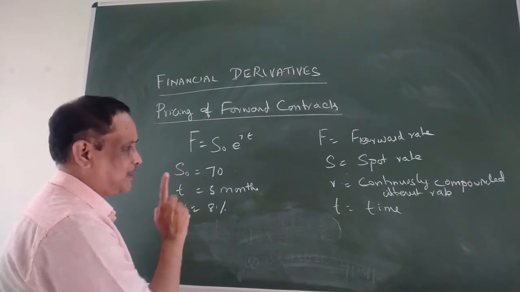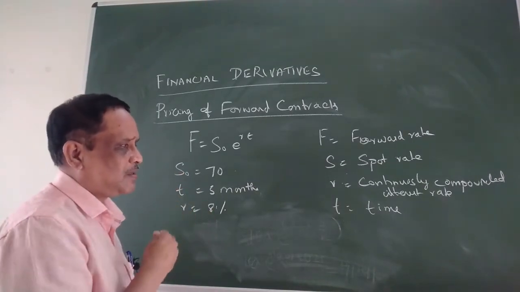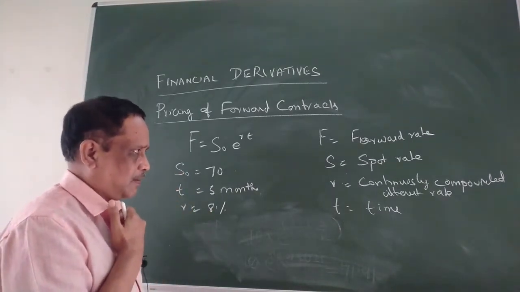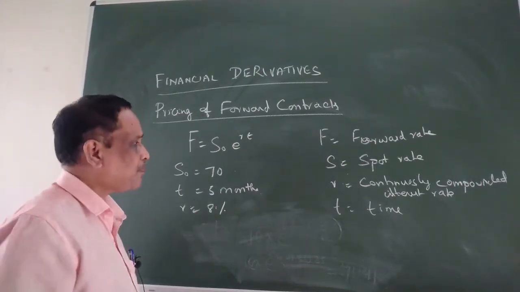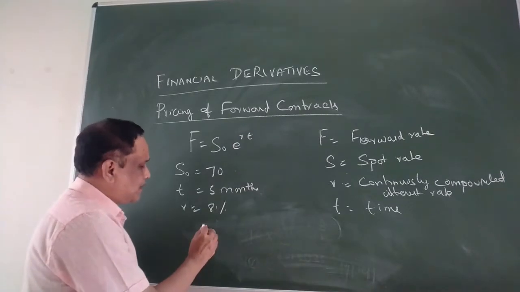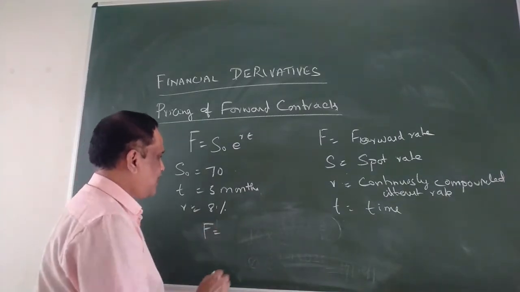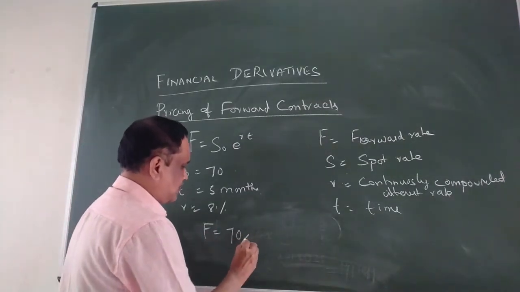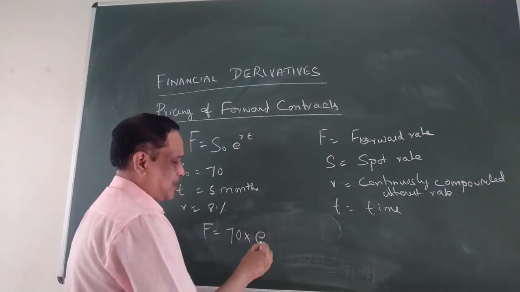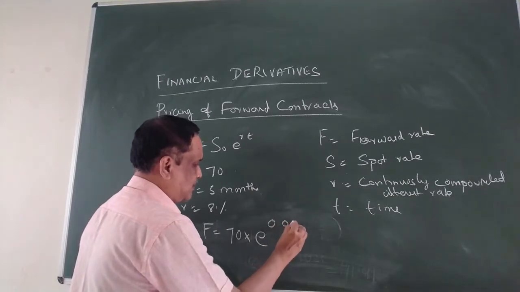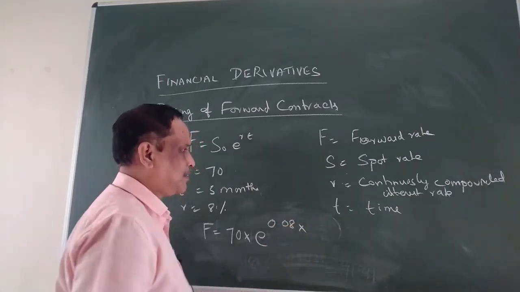So it is a direct application of the formula. If the continuously compounded interest rate is given directly you can use it, otherwise we need to calculate it. So the forward rate would be 70 multiplied by e power 0.08 multiplied by 3 by 12.